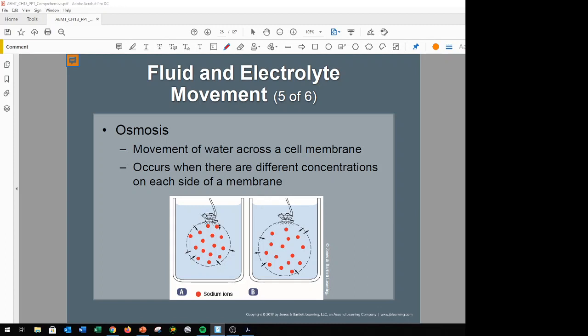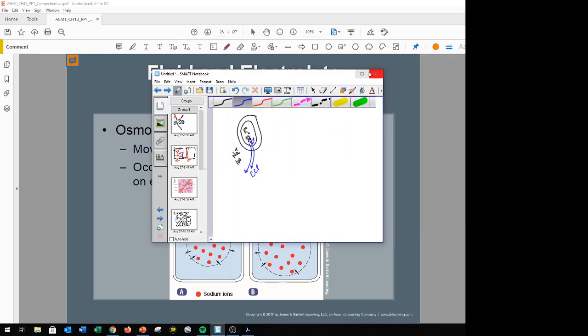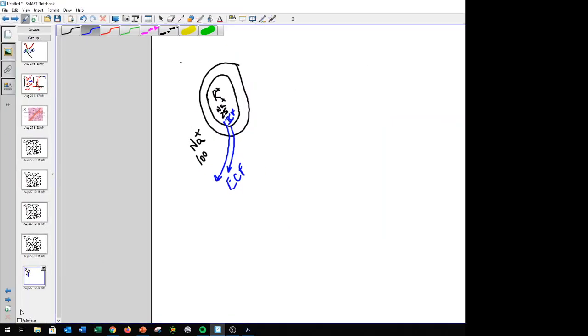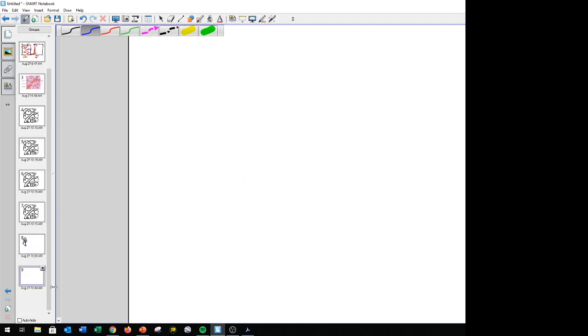So, osmotic pressure. Osmotic pressure is an increased balance of volume that puts pressure on the cell wall. That's what it is.